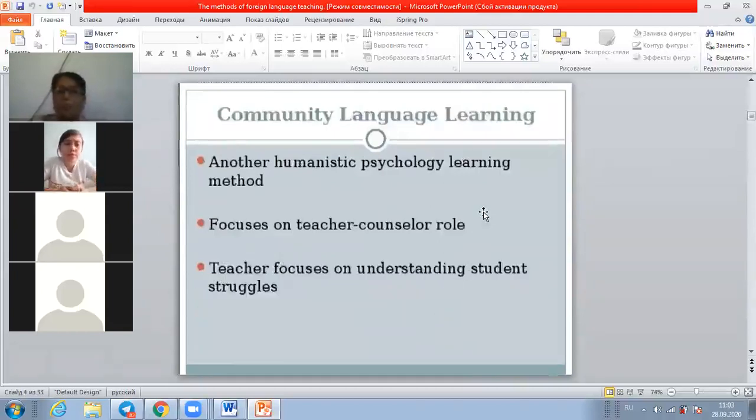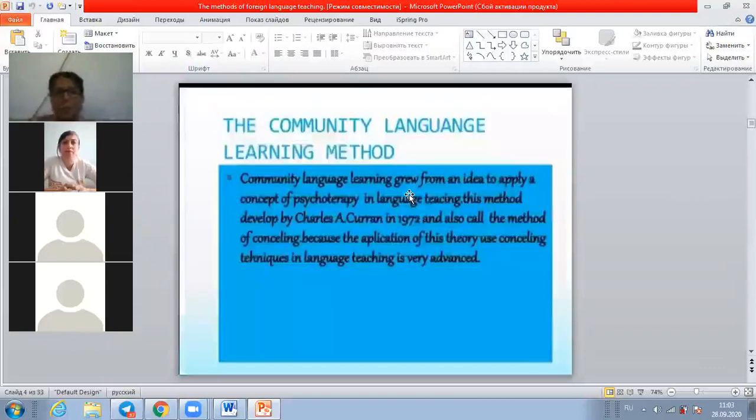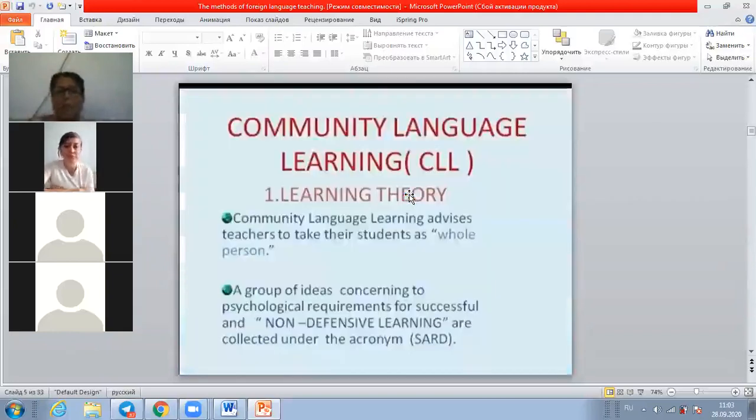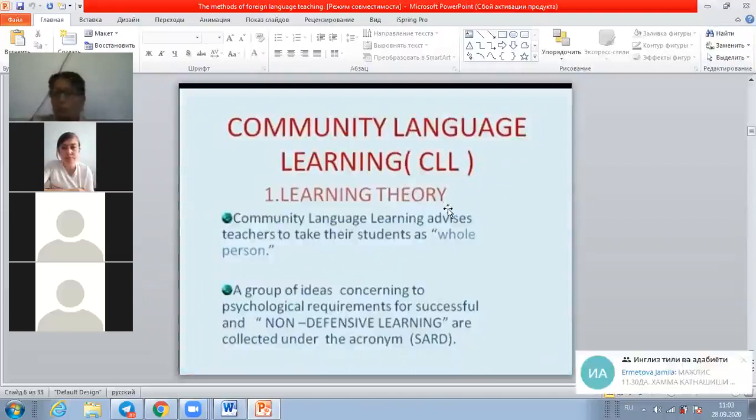Community language learning is another humanistic psychology learning method, which focuses on the teacher's role. The teacher focuses on understanding students' struggles. It's not CLT, it's CLL. It means community language learning.